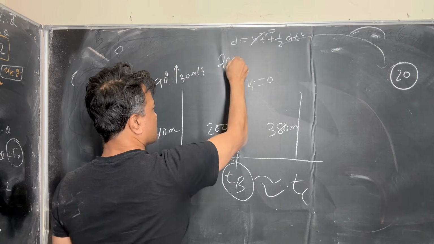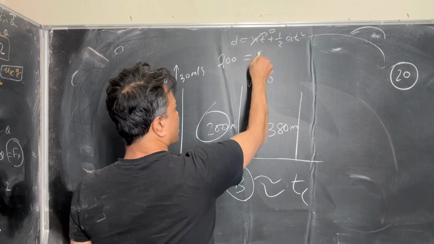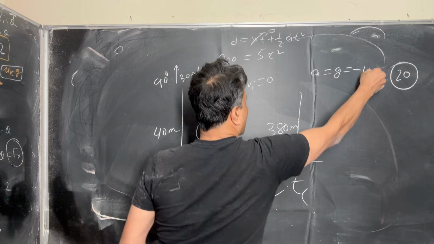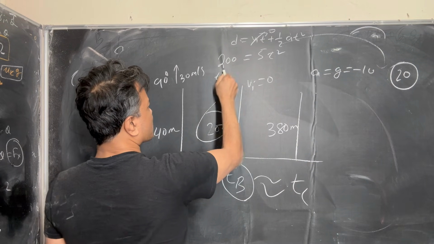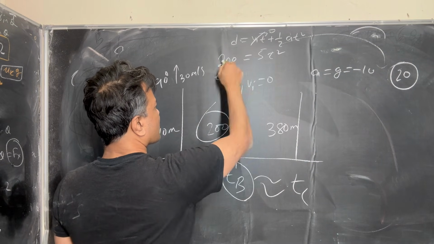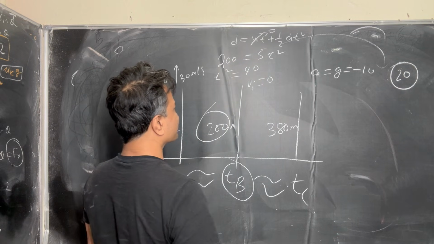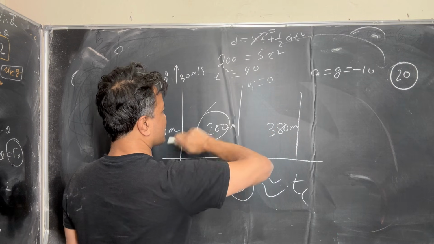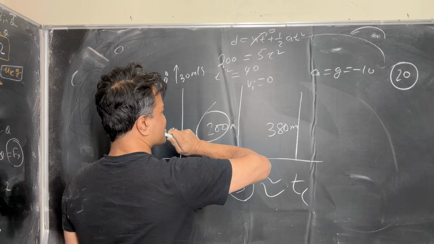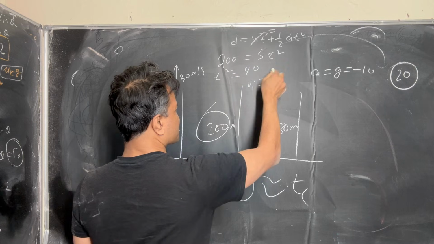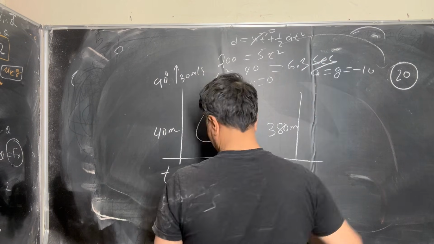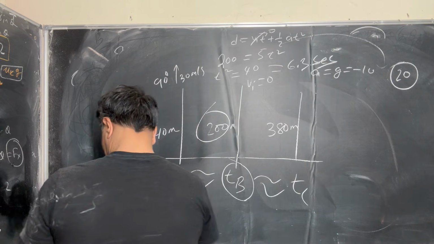So this is 200, 5t squared, because acceleration is g, which is 10. So t squared is equal to 40. So t is equal to 6. If it was 49, then it's 7. If it is 36, then 6. So 6 point something, let's say 6.3 seconds. Okay, so yeah, they all are the same.